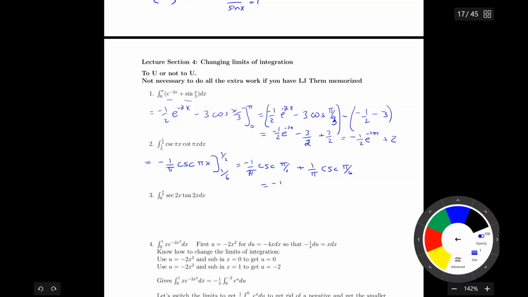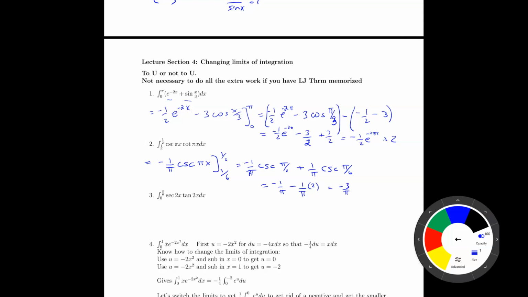I know cosecant of pi over 2 is 1, and then cosecant of pi over 6 is 1 over 1/2, so 2. So I get a negative 3 over pi.